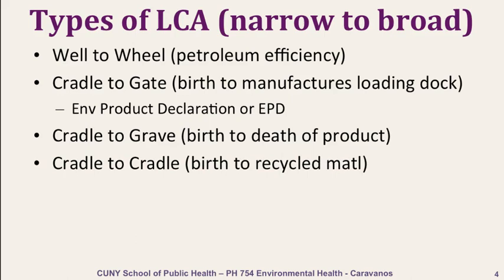And the ultimate, but the absolute most complicated to quantify would be cradle to cradle, which would be getting the aluminum out of the ground, making the can, making the soda, using the soda, and then recycling that aluminum. Clearly, a cradle to cradle would be most efficient, but again, very difficult to quantify. That's why we essentially go with cradle to gate.